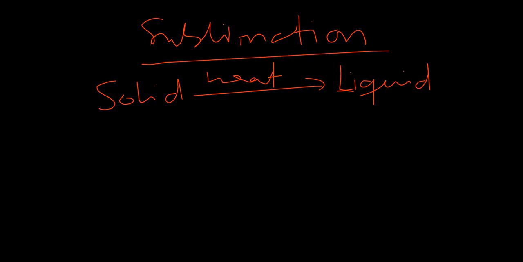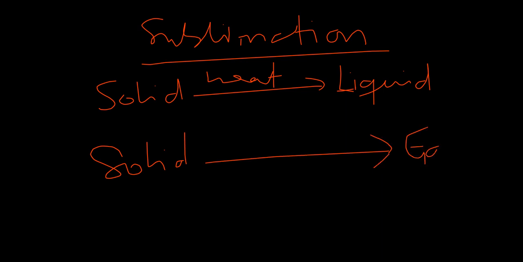So apart from this, you can actually convert solid to gas directly, and you can also use heat to achieve this. So when you heat a solid and it becomes converted to gas directly without passing through the liquid state, we call that sublimation.